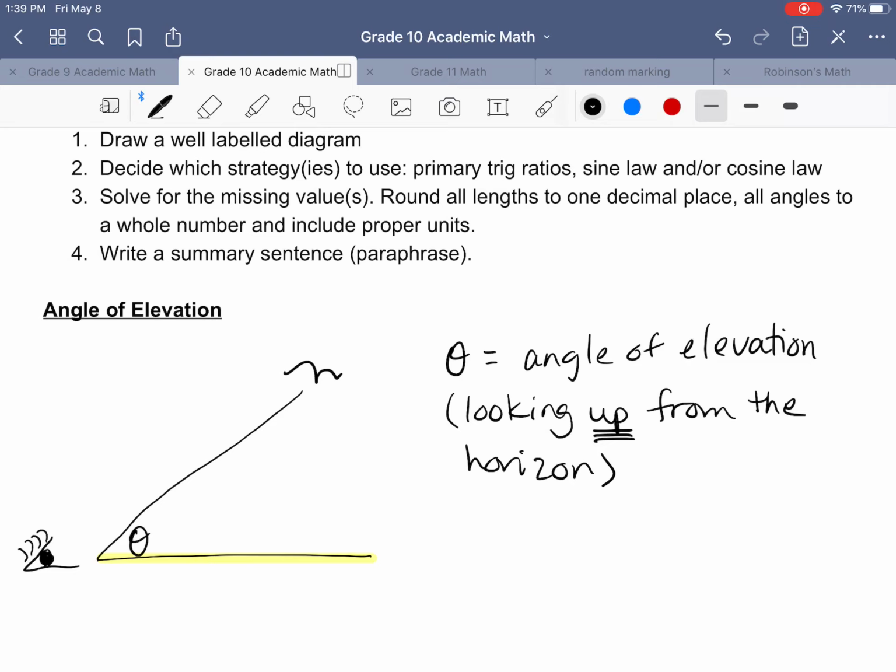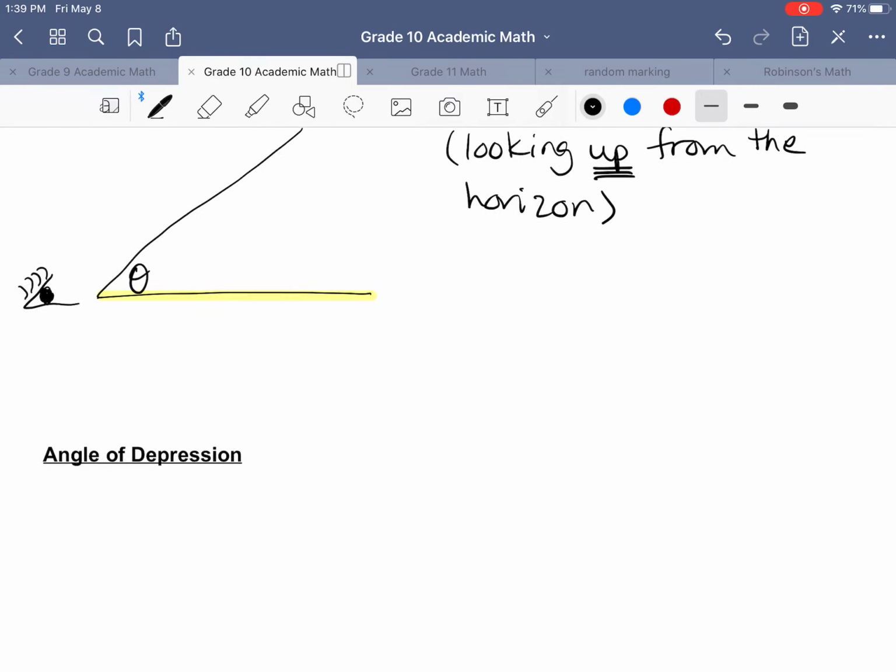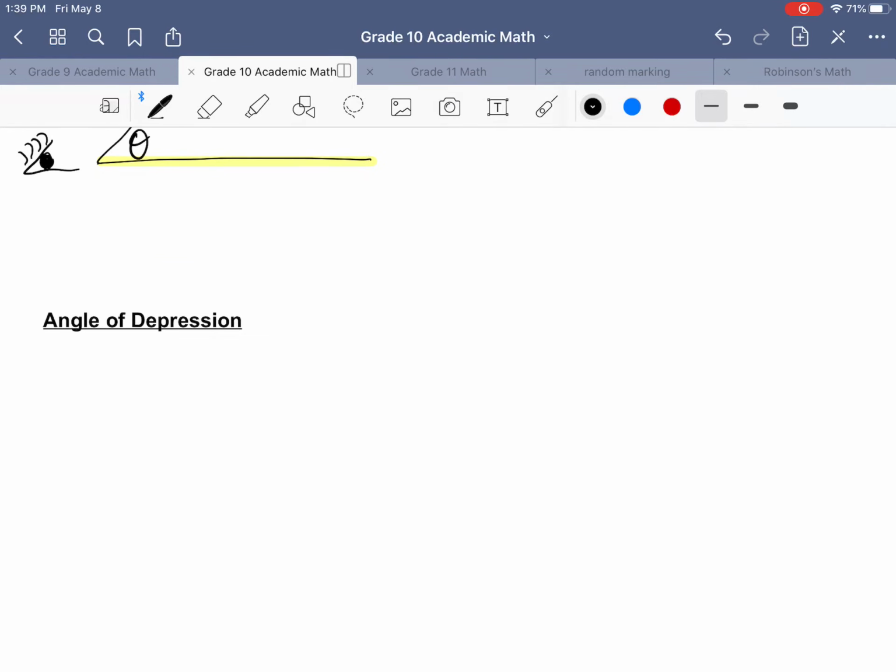It's the next one, which is the angle of depression, that people sometimes have difficulty with in the context of word problems. So with angle of depression, you're looking out at the horizon again, but then you are looking down. So let's draw in our eyeball. There's our eyeball looking out and then looking down. And maybe you're looking at like a bug or something that is on the ground.